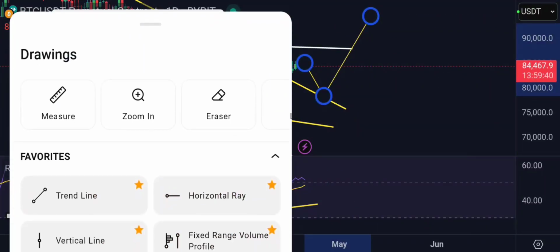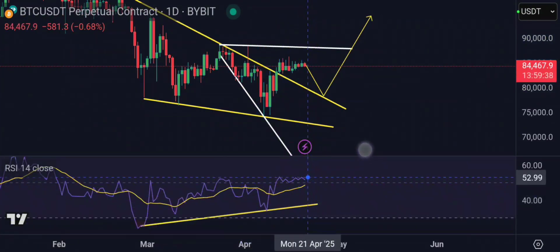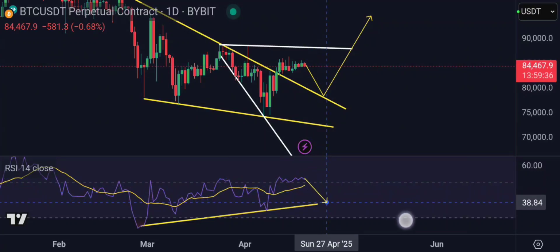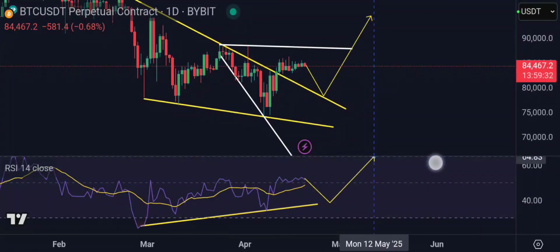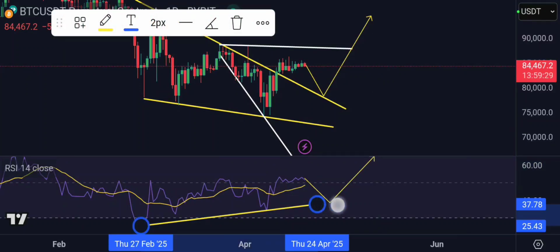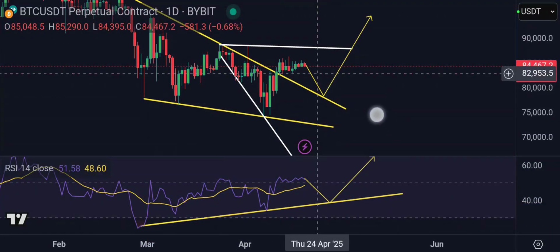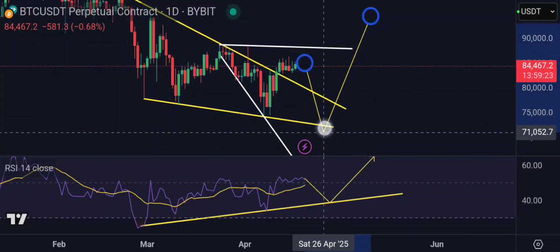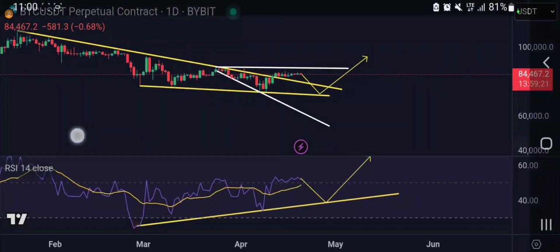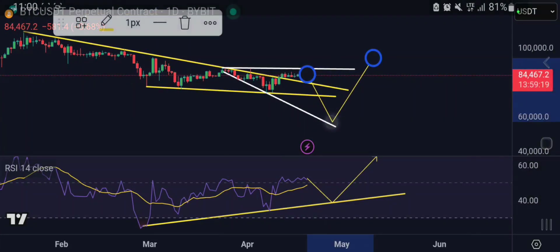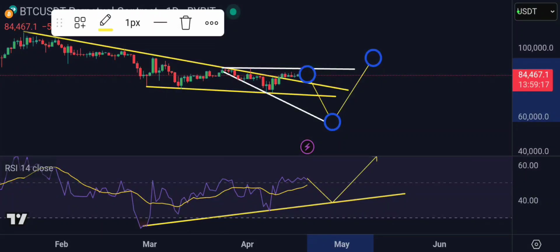And on the RSI, we could be getting ourselves something of such a similar case scenario, dropping all the way down here, still maintaining a higher low and going all the way to the upside. So very much probable, much more likely to happen than just falling all the way down for a newer low, or trying to talk about the right-angle broadening descending wedge to just be going in for a completion of pattern.